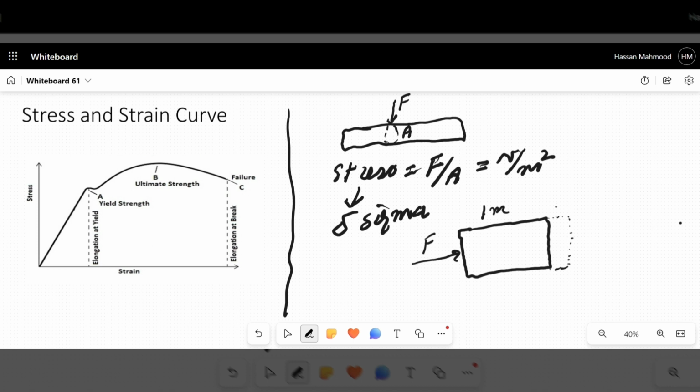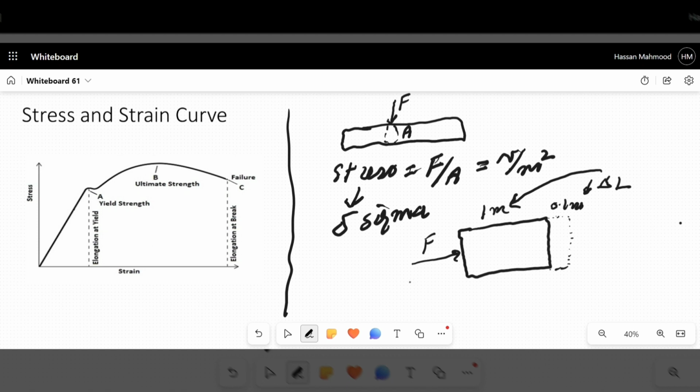That increase in length is 0.1 meter. That increase is your change in length as compared to the original length.